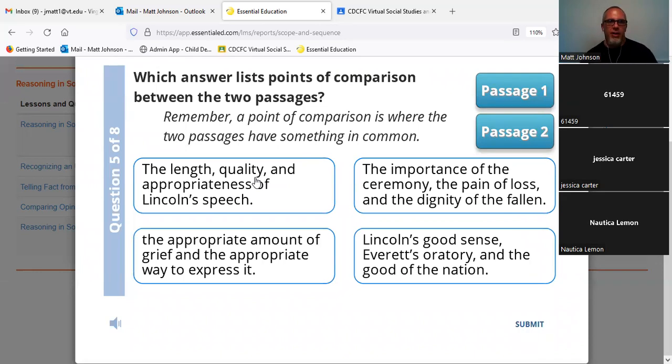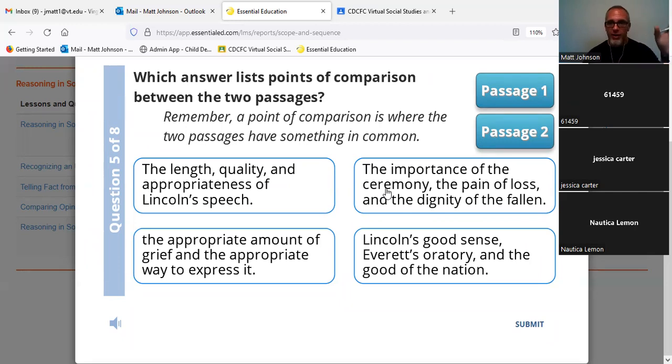So points of comparison: the importance of the ceremony, the pain of loss, and the dignity of the fallen. So the importance of the ceremony is addressed by both, the pain of loss and the dignity of the fallen. That doesn't mean they don't differ on how those are addressed, but those are points made by both.